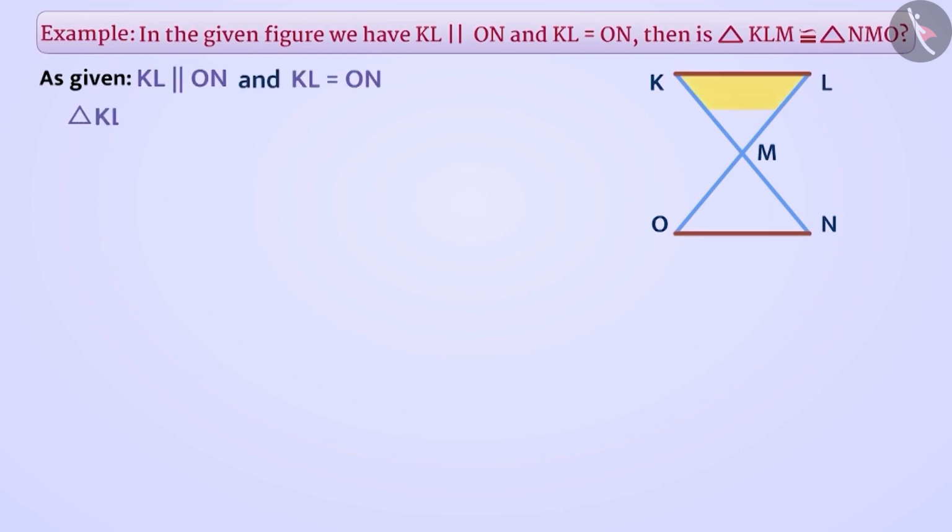Let's talk about triangle KLM and triangle NMO. We observe that the line segment KL is parallel to the line segment ON. And here we can consider OL as the transversal of both.